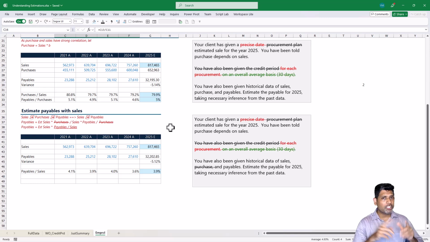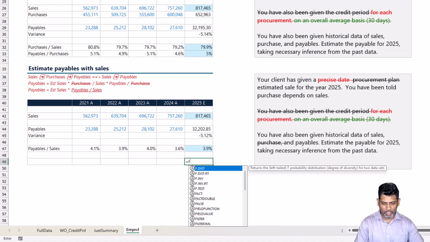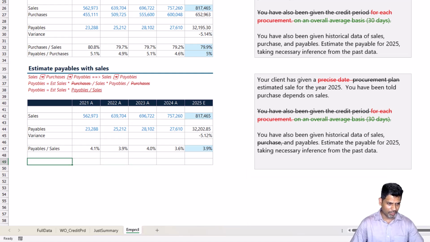Before I wind this up, just one small clarification. When I say statistical approach, it doesn't mean that you need to use advanced statistical techniques. In fact, let me illustrate it to you. If I was going to estimate the payable using regression analysis, I could be very off. So I'm using Excel's built-in function called FORECAST.LINEAR, which is payables using forecast function.